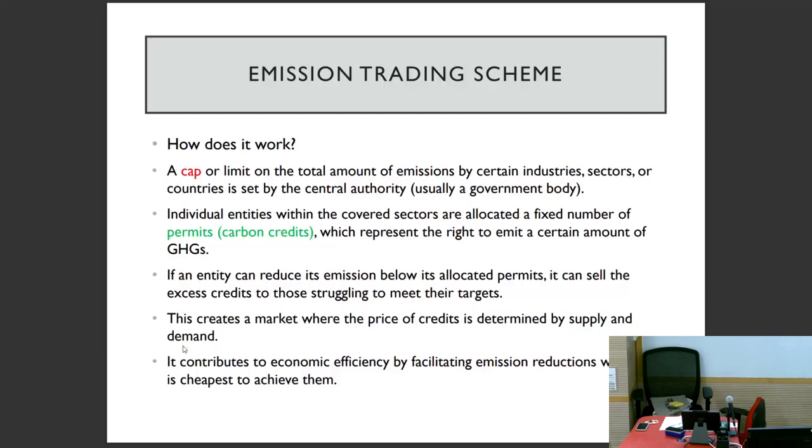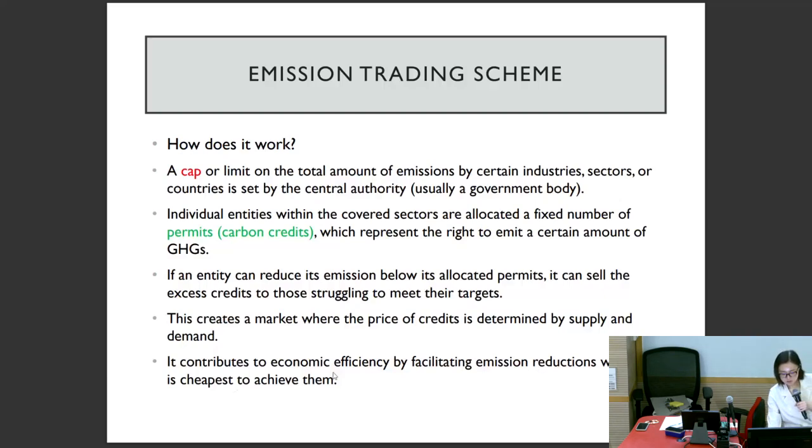If there are a lot of credits being sold in the market, it means maybe the allowance distributed by the government is too many, such that it is very easy for the companies to reduce their emissions. Then maybe next year the government has to reduce the allowance distributed to the entities.